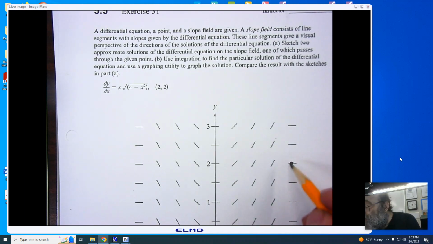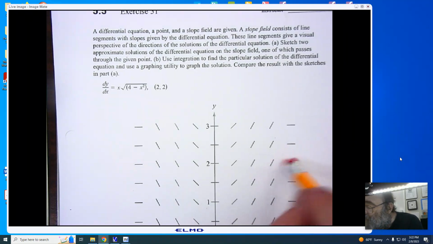So let's take a look. If I'm starting up here, I'm at a horizontal, and I'm going to turn. And I'm going to try so that this becomes kind of like a tangent line. See how it forms a tangent there?